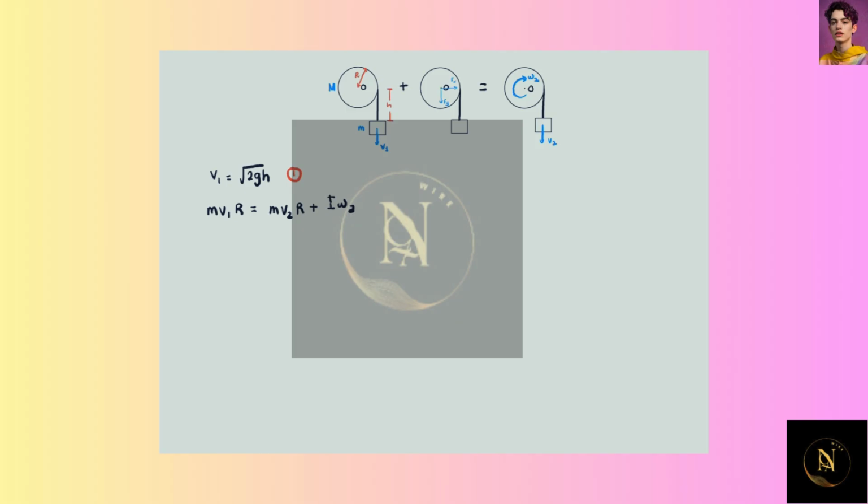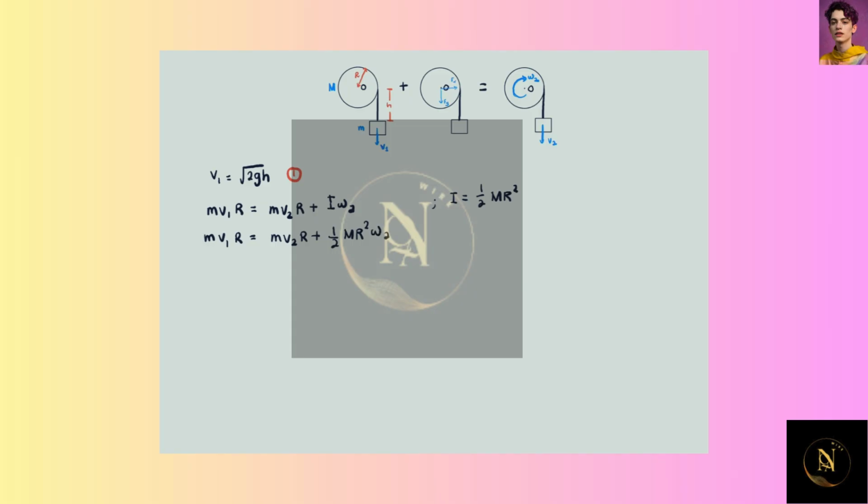Since this is a solid disk, the moment of inertia is equal to 1/2 times the mass times radius squared. Hence, our equation would be m v1 r equals m v2 r plus 1/2 M r squared omega 2.